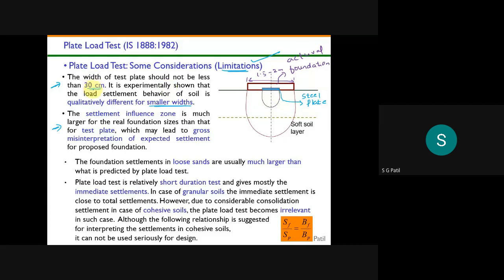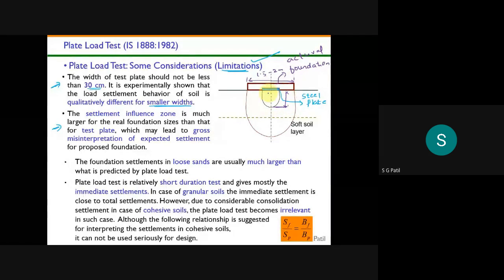Whereas your plate width is just 30 centimeter, maximum 100 centimeter. Suppose you are using a 100 centimeter plate, what will be the influence zone? The influence zone will be only this much. Let me increase the size here.